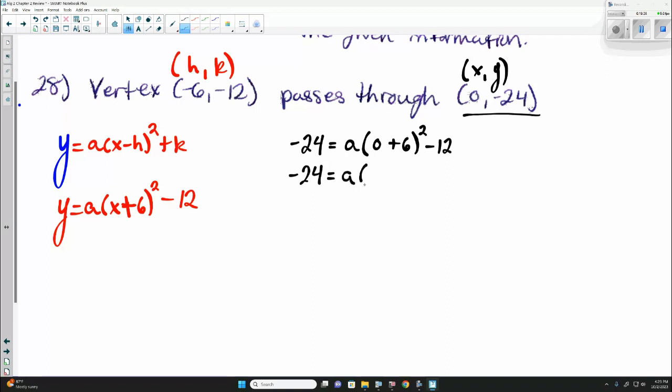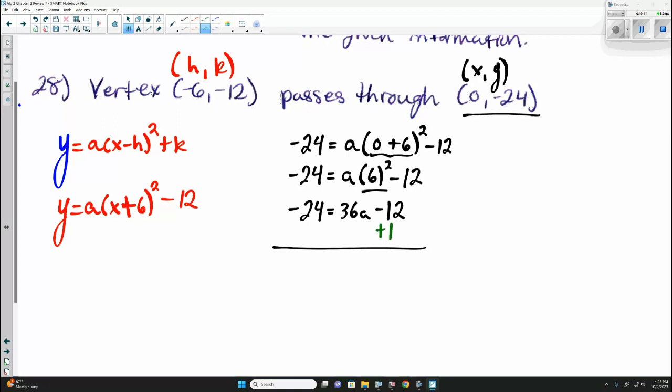Now the first thing we'll need to do is simplify what's inside the parentheses. So 0 plus 6 gives us 6. Now a times 6 squared, well 6 squared is 36, times a is 36a. Now we do need to get a by itself. So the first thing we can do is add 12 to both sides, telling us that 36a is equal to -12.